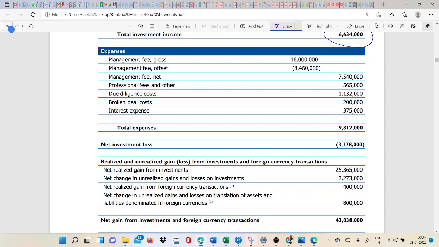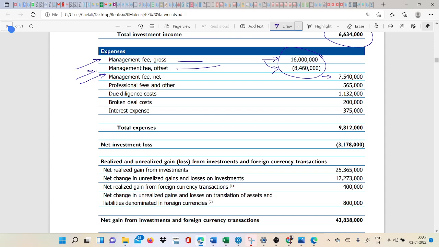And these are the fund expenses. Management fees gross, management fees offset, and the management fees net. And why will they do offset? Because if they have paid any fees in advance for a next accounting period, they will offset it, and only they will consider the net fees for this particular accounting period.